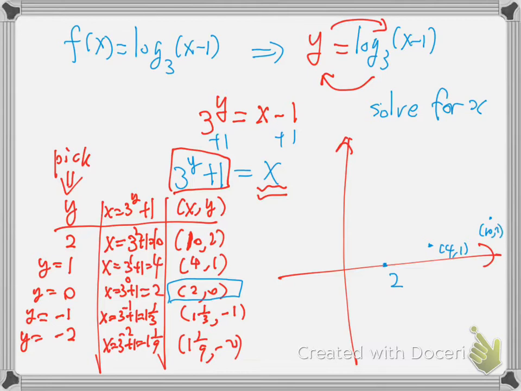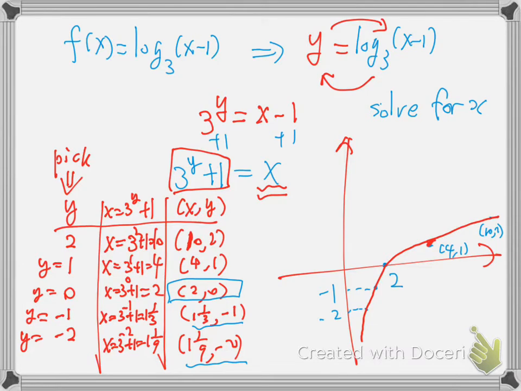And then these 2 points, we have negative y part, so it's down here. (1 1/3, -1), (1 1/9, -2). Okay, so here is -1. Here is -2. So now we draw a curve connecting these 5 points. So we got the picture for log.